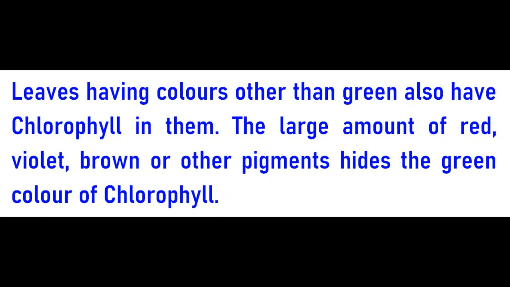What happens is that a large amount of red, violet, brown or other pigments hides the green color of chlorophyll. We cannot see the green color of chlorophyll because of the large amount of other colored pigments.